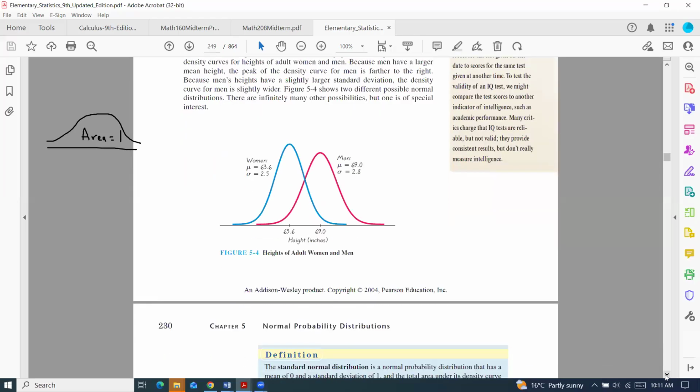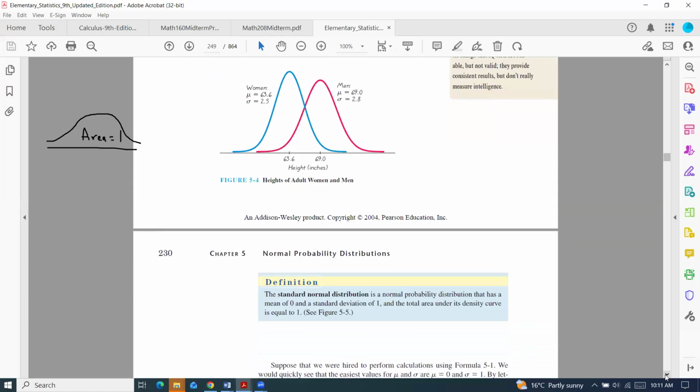But we're using the results from calculus calculations for these curves, and they also discuss the mean and standard deviation of these curves that all have areas equal to 1 under them, the red and the blue, and that's why they're called distributions. The mean may be smaller, like for women's heights. Women's heights turn out to have a tendency to be a little less than men's heights.